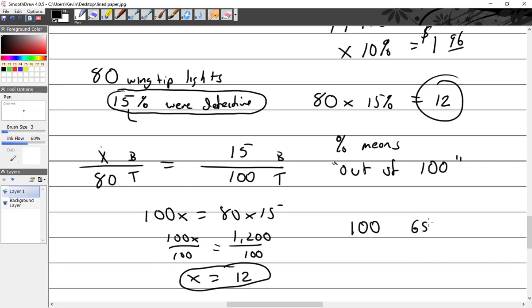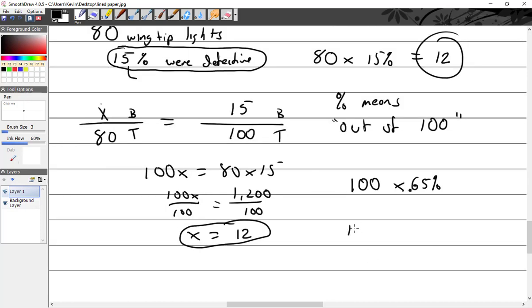Well, that's pretty easy, you just multiply it times 0.65. Make it harder. I have a 150 horsepower engine, and I'm cruising at 75% power. It's just 150 times 75%, which is the same thing as 150 times 0.75.